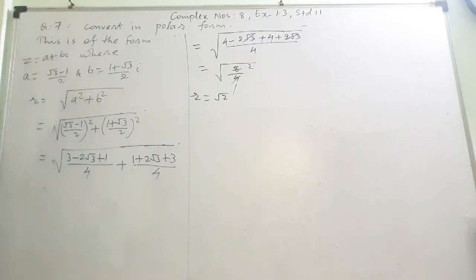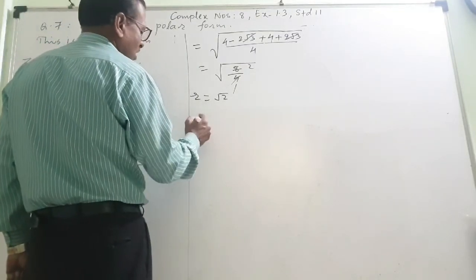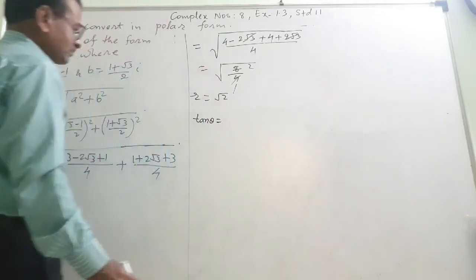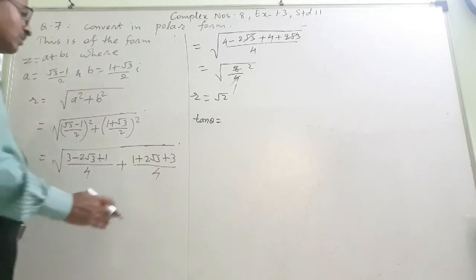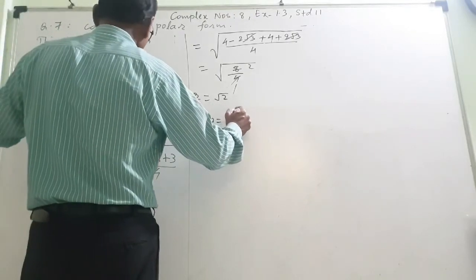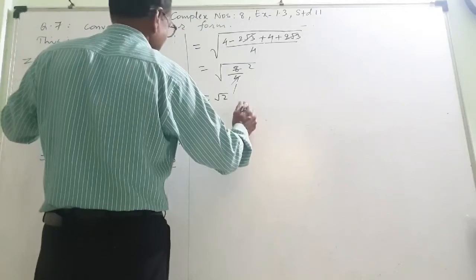Now theta also I want. Now theta, tan theta is equal to what? Tan theta is equal to b upon a. b is what? 1 plus root 3, or I will write root 3 plus 1 because of the sequence.